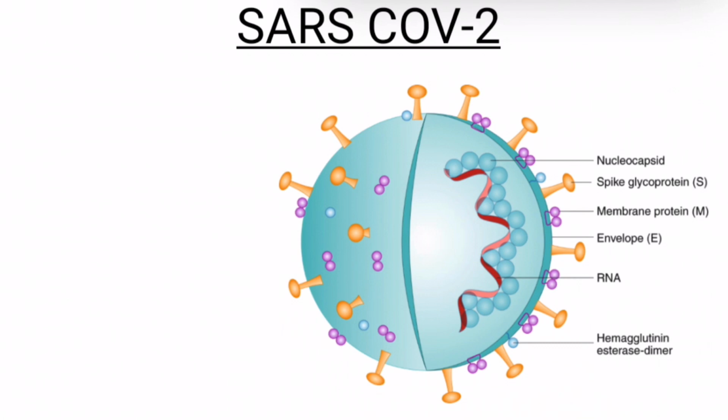First of all, this virus is known as the SARS-CoV-2 virus. This is the structure of this virus. As you can see, there is an envelope present. This is helical in shape and this is an RNA virus, and it has a protein which is the spike glycoprotein, denoted as S, and it also has a membrane protein, denoted as M, and it is a nucleocapsid virus.